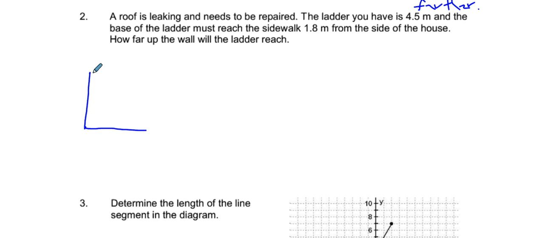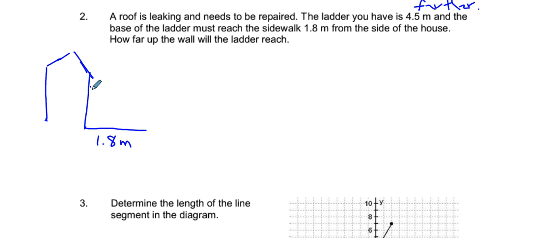So I'm going to say that this is the height of my house right here. The height of my house, well, we're not quite sure. But the ladder I know is 4.5 meters. And I also know that I have to reach my sidewalk, which is 1.8 meters away.